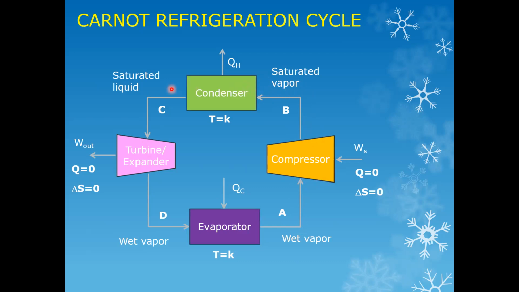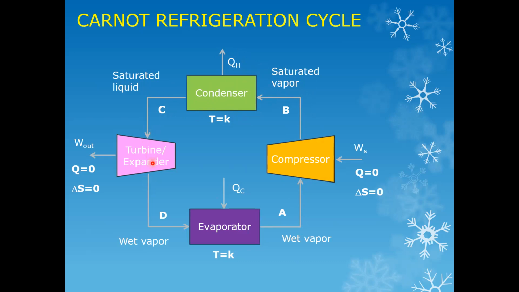Next it moves to the condenser, where it discharges the heat into the high temperature reservoir, and it does this at constant temperature, so that our saturated vapor becomes saturated liquid. Remember, since we're dealing with saturated liquid, it happens at a constant temperature.